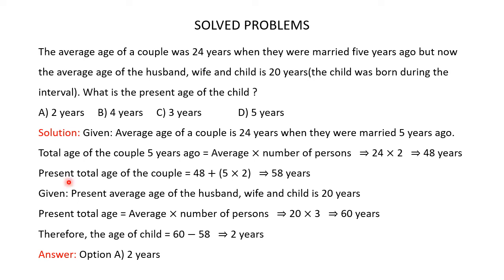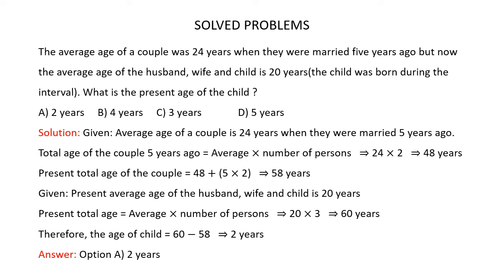Now to find the present total age of the couple, you have to add 5 to both their ages. So present total age of the couple is equal to 48 plus 5 multiplied by 2, that is 10. So present total age of the couple is 48 plus 10, which is 58 years.